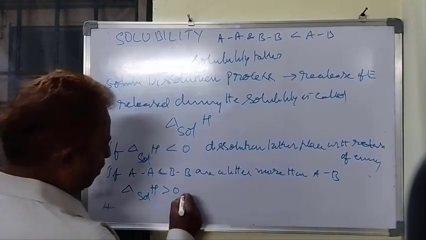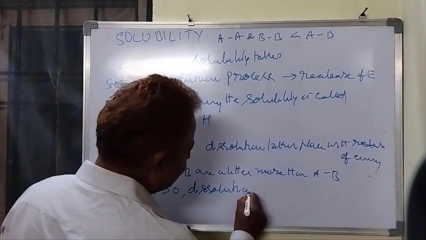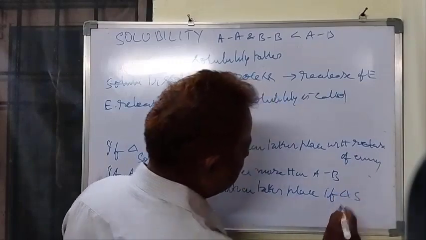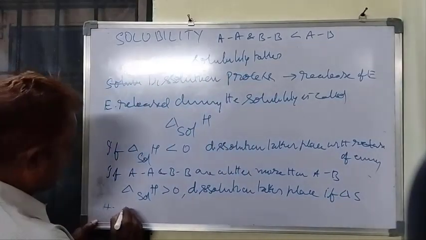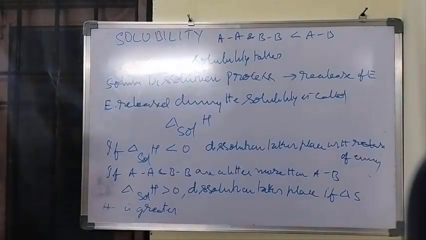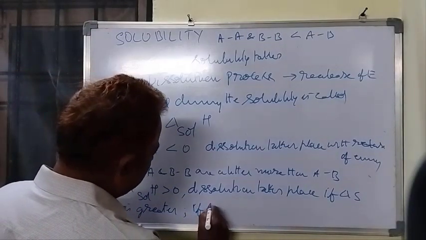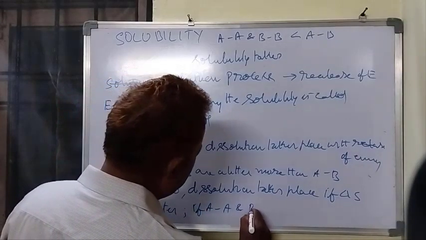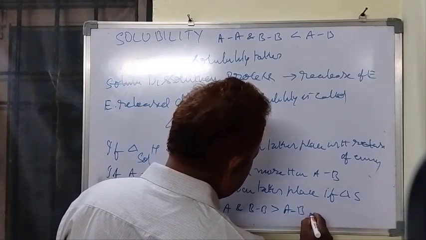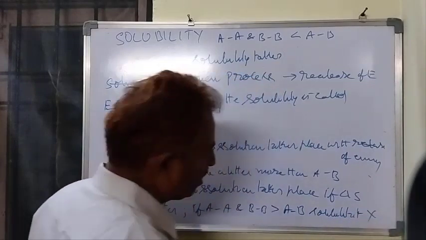Under this condition, dissolution takes place if delta S, that is the change in entropy, is greater. If A-A and B-B interactions are much greater than A-B interactions, then dissolution does not take place.